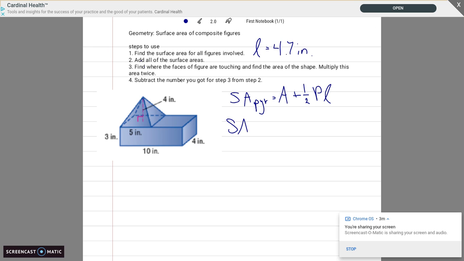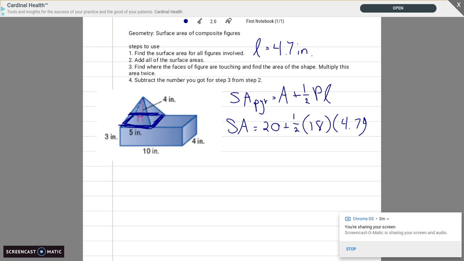So, surface area of this pyramid. I have to find the area of the base. The base has dimensions of 4 and 5, so 5 times 4 is 20, plus 1/2 times my perimeter. Well, I know this is 5, this is 4, this has to be 4, and this has to be 5. So 5 plus 5 plus 4 plus 4 is 18. And the slant height, which I told you was 4.7.